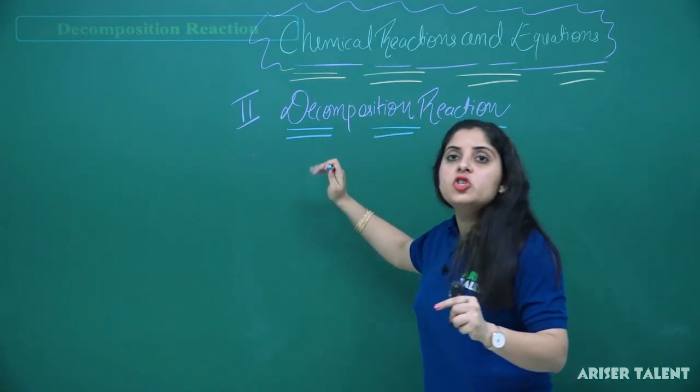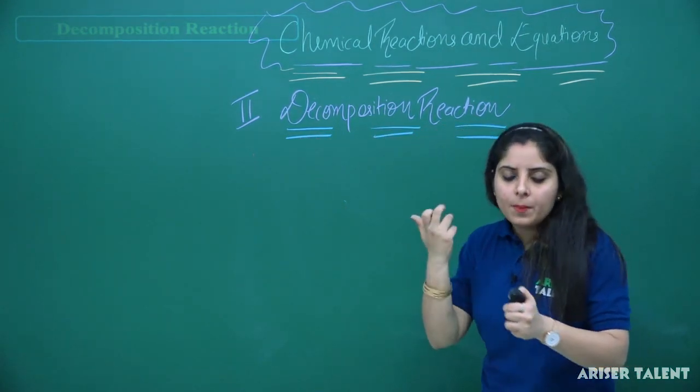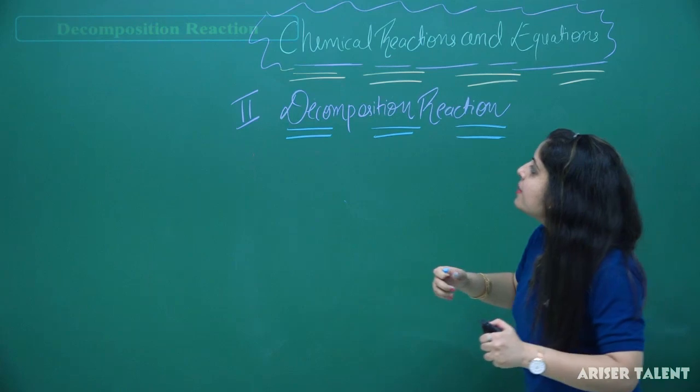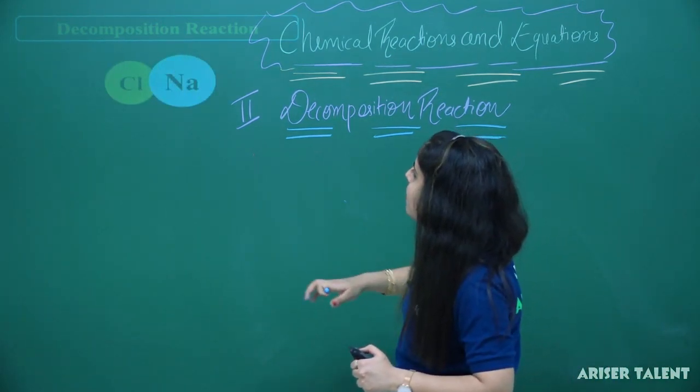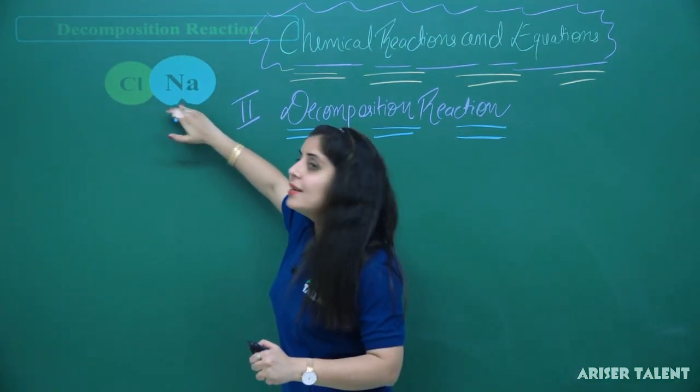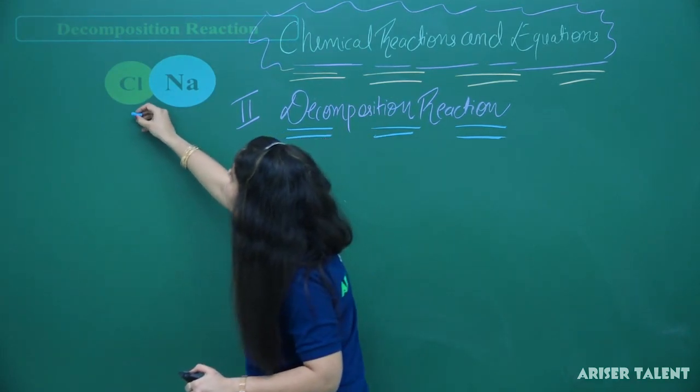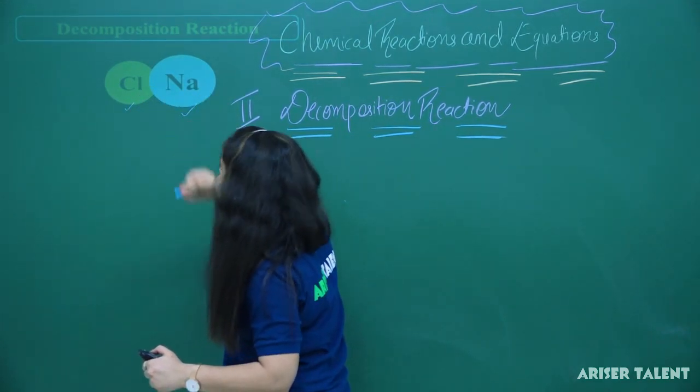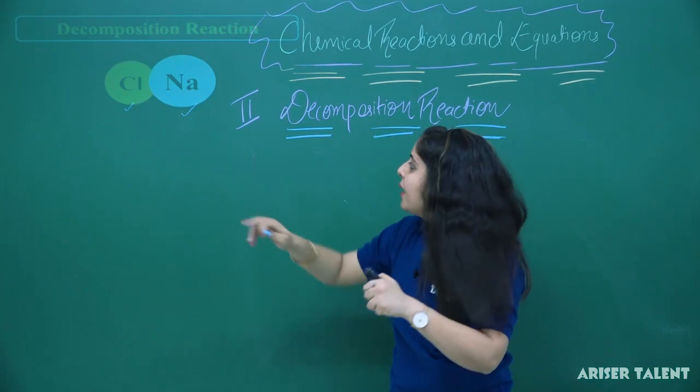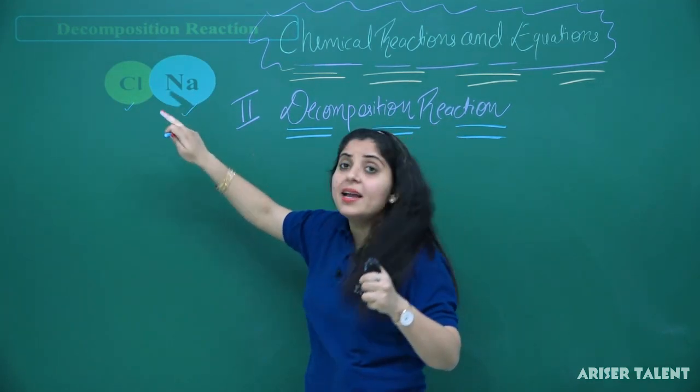So in the decomposition there will be a breakdown of a particular compound. This can be understood with the help of a suitable example. Suppose I have NaCl. In this I have a chlorine atom and a sodium atom. These two combine to give the particular product, that is NaCl.